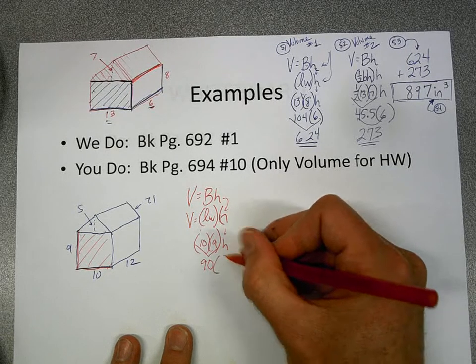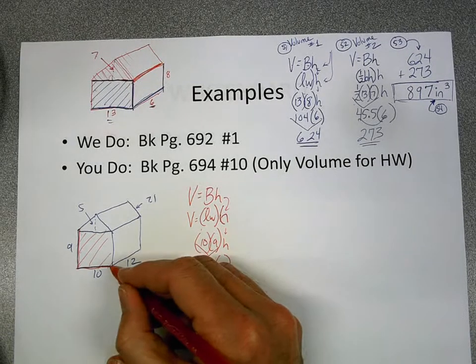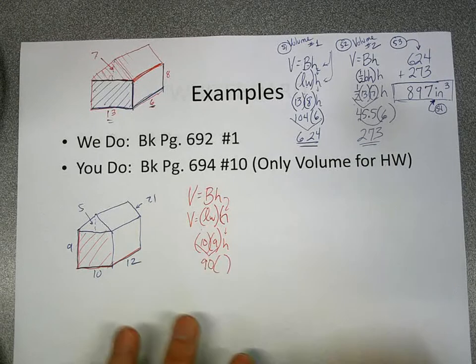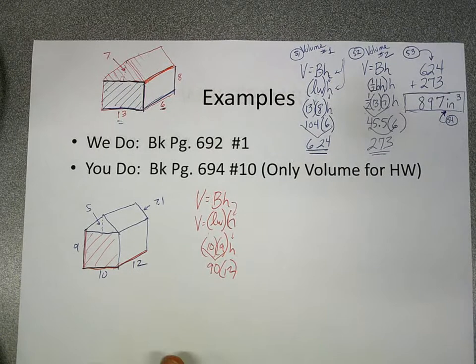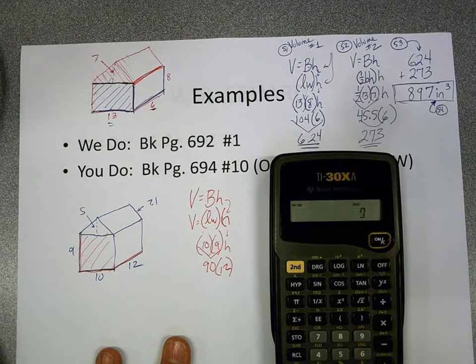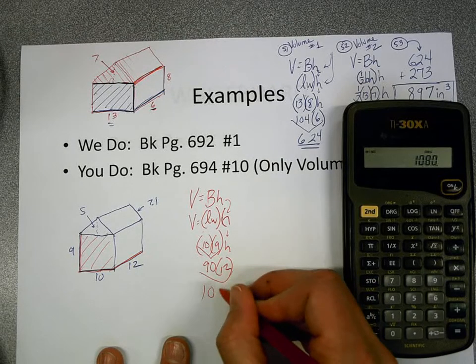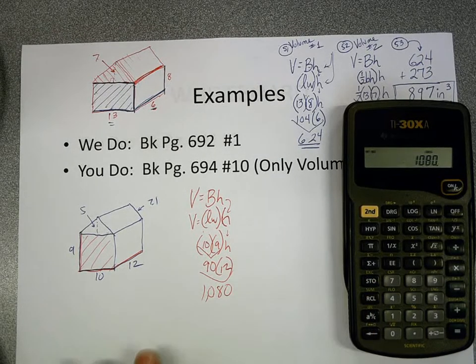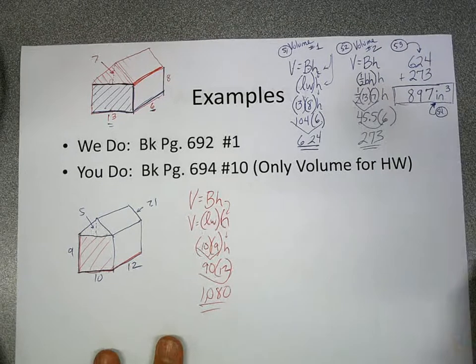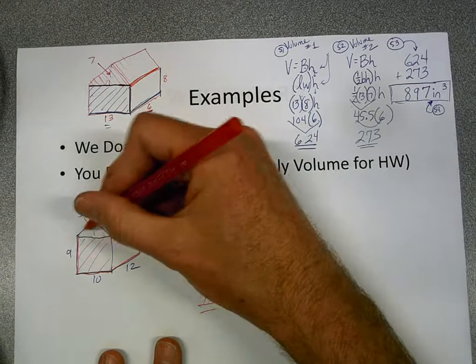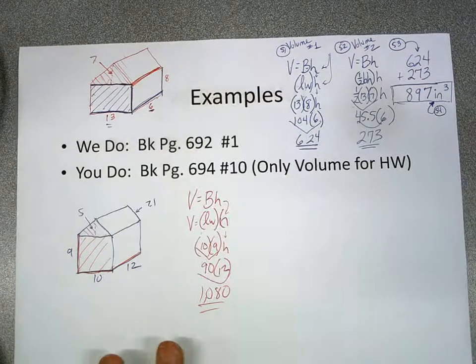Of course, I now need to multiply it with the third dimension. How many layers does it go back? It's 12. So 90 times 12 equals 1,080. Okay, now comes the triangular prism.